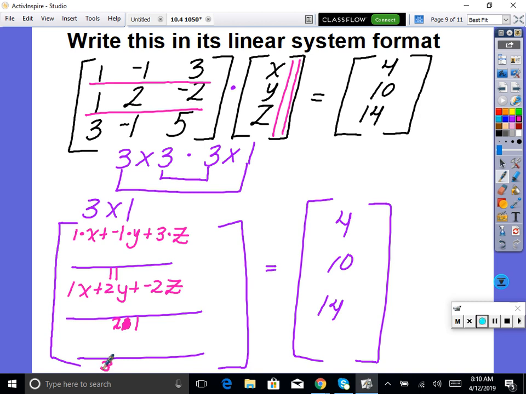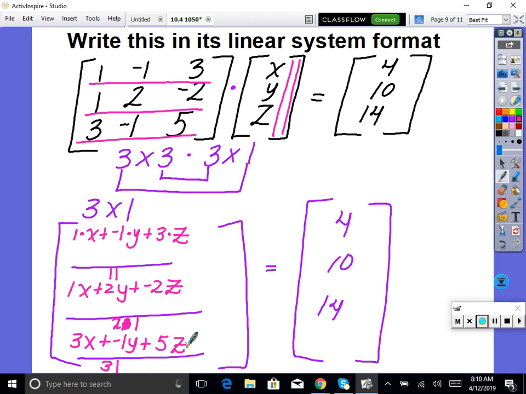Then I'm at my third row, first column. That will be 3 times x plus -1 times y plus 5 times z. So there's our system. Does everybody see? Now it wants it instead as a linear system.